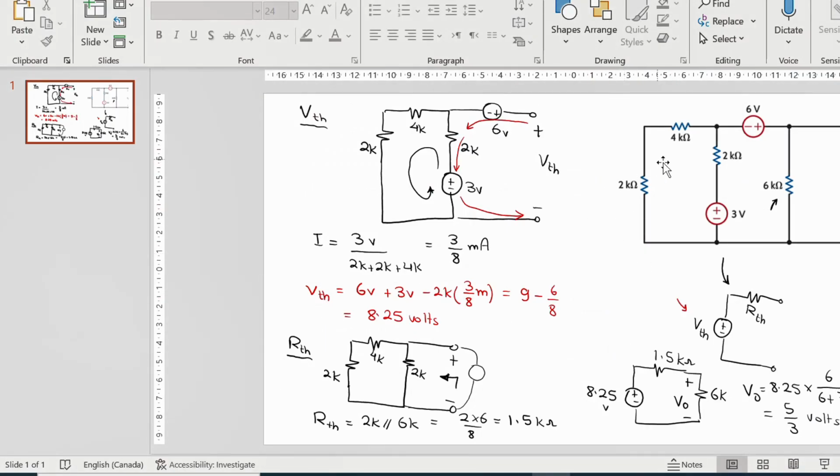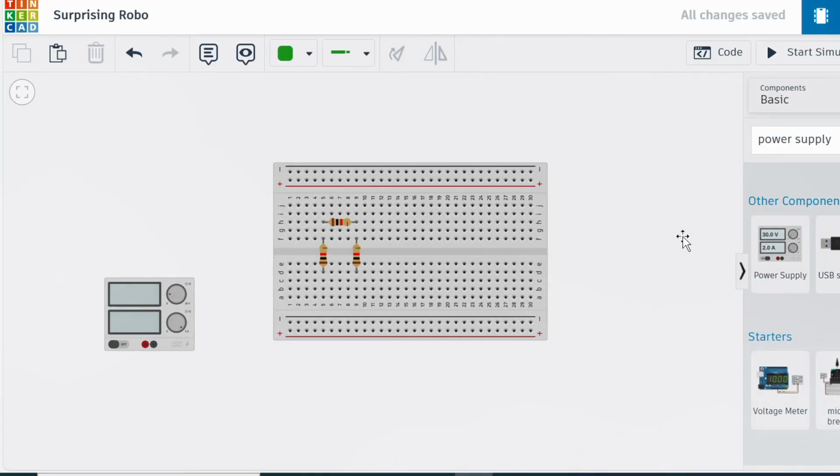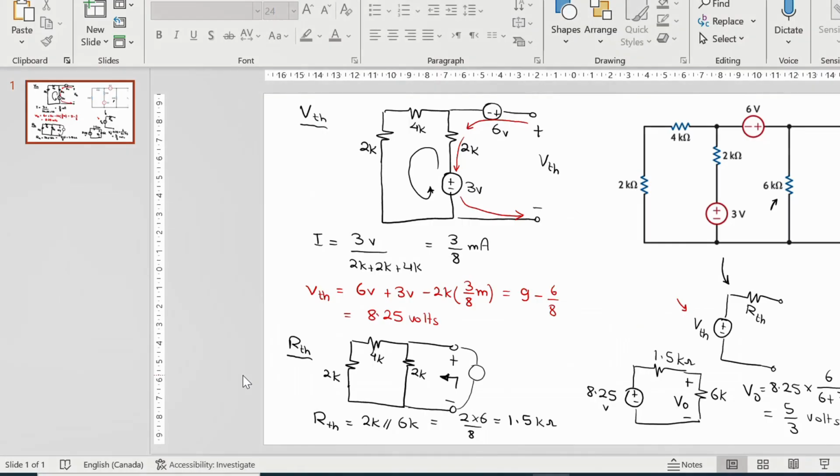So the terminal of this 2K resistor will be connected to the ground. We assume that this would be the ground node. So here we connect this to the ground rail, and the battery will be connected between the ground and the other 2K resistor. Okay, now we finished the connection of the three resistors and battery.